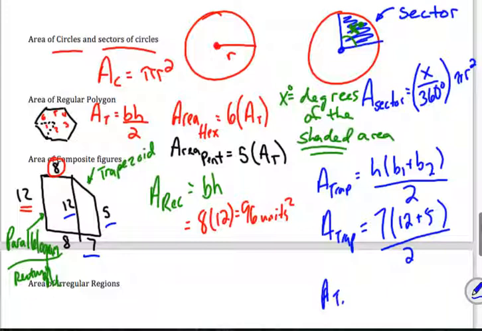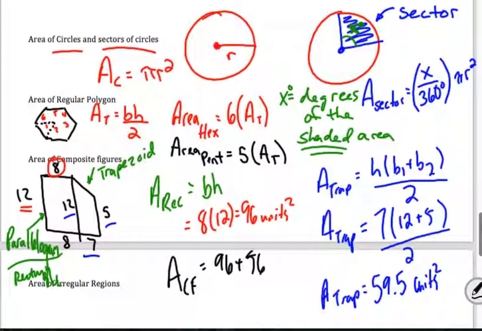So the area of the trapezoid, if you do that correctly in a calculator, is 59.5 units squared. So the area of the composite figure, which I'm writing in black here, would be 96, and you can just add the 59.5. So this composite figure would be 155.5 units squared.